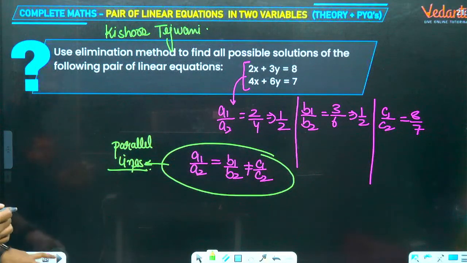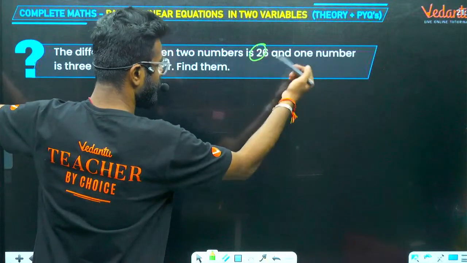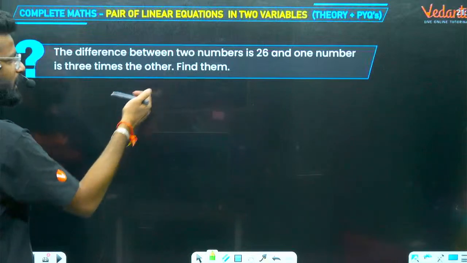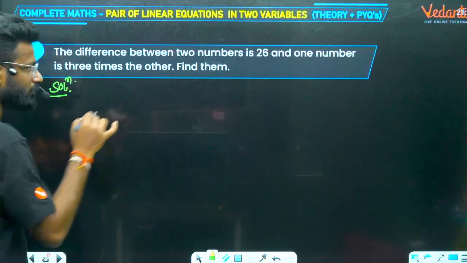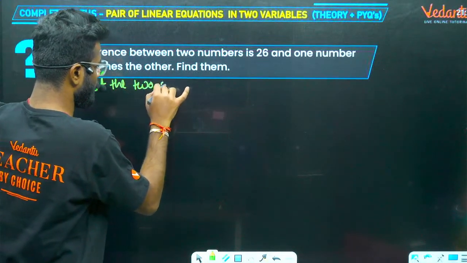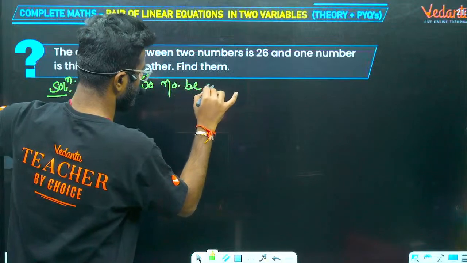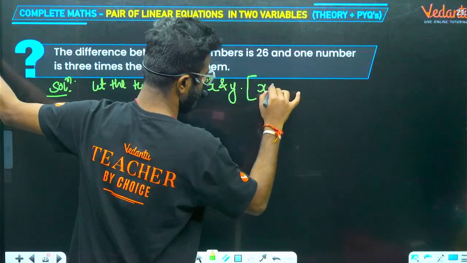No worries. The difference between two numbers is 26 and one number is 3 times the other. Find them. Okay, let the two numbers be x and y, where x is greater than y.